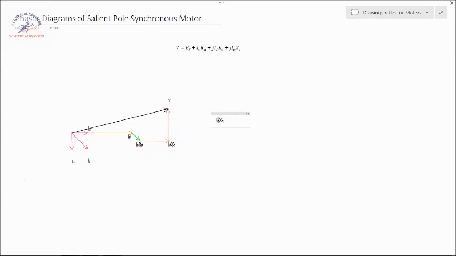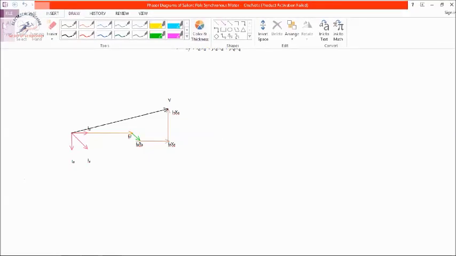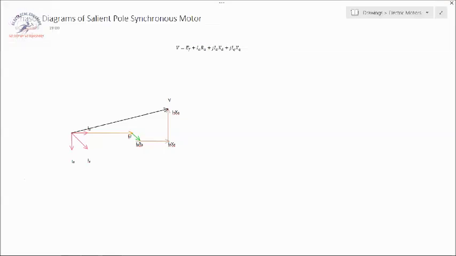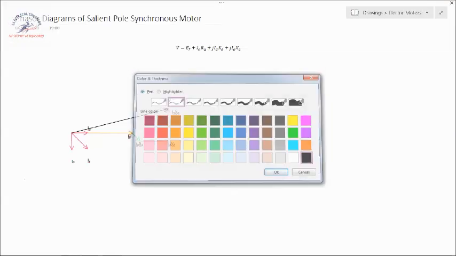So we have not drawn two angles here now. So let us draw those two angles as well. So, angle between voltage and current is called as power factor angle and it is denoted by phi.